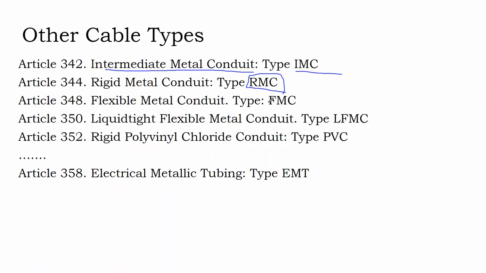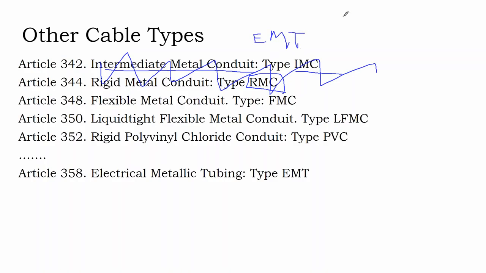In the solar industry, we're not trying to spend a lot of money on our conduit and a lot of protection on our conduit, and we're usually going in with EMT conduit.